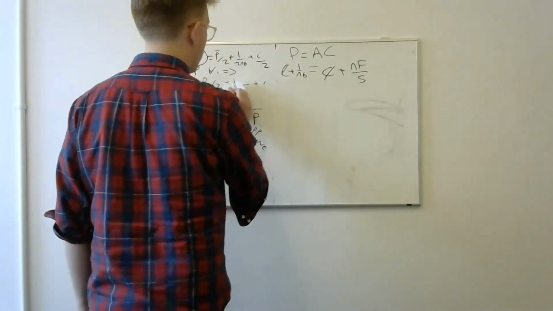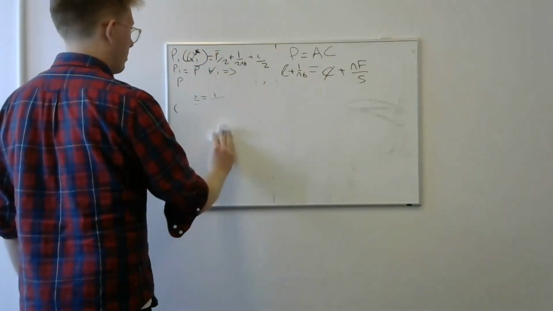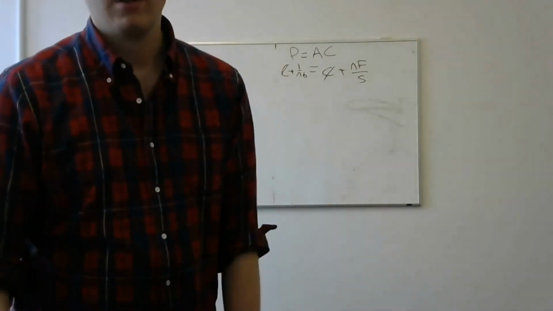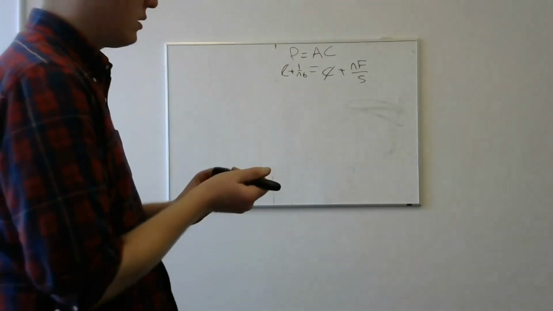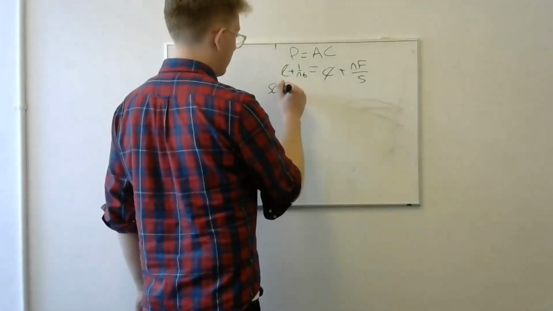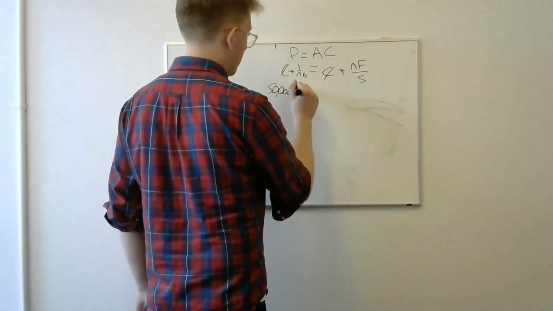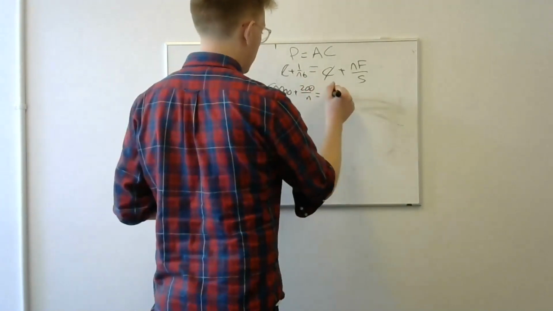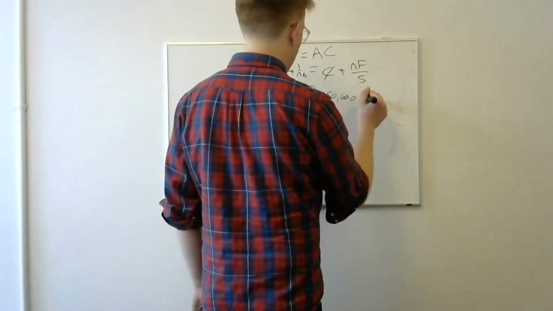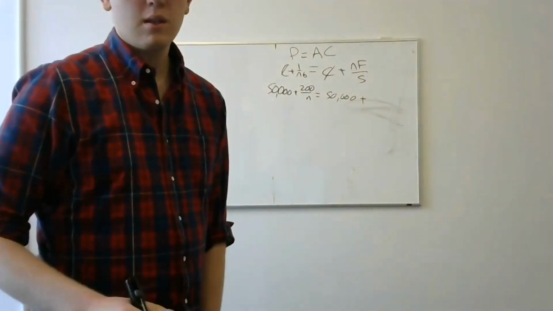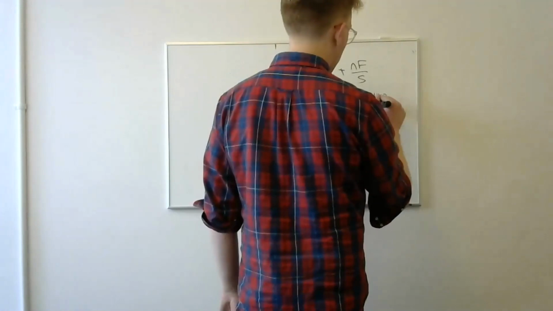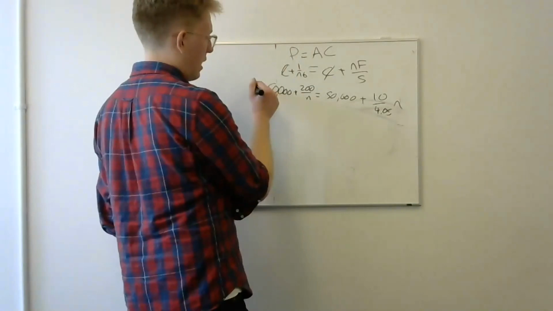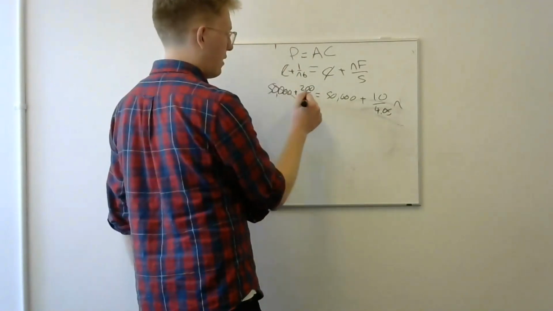And so here, we come back to this, and what we have is that this is now equal to 50,000 plus 200 over N equals 50,000 plus 10 over 4.05 times N.